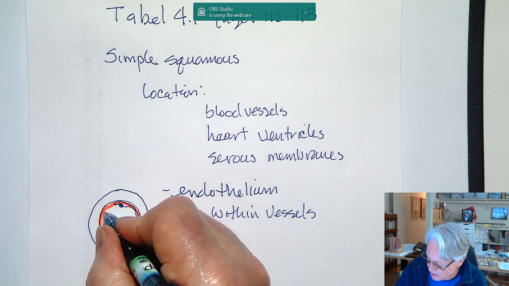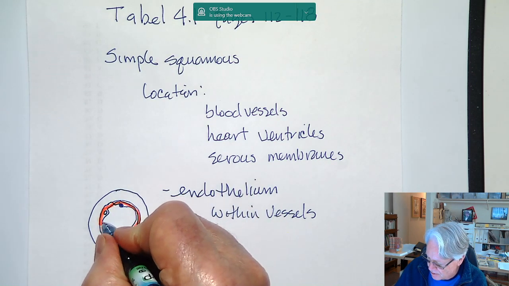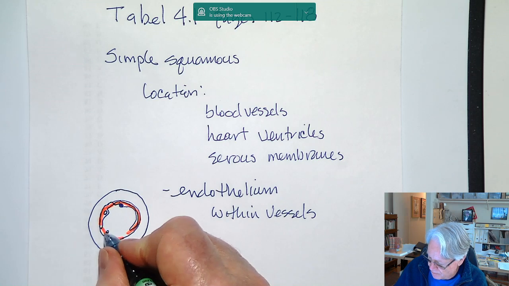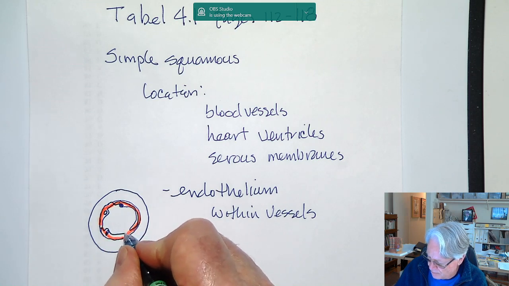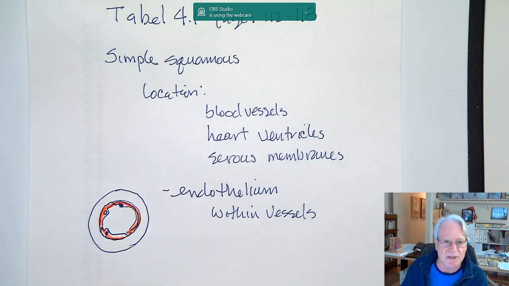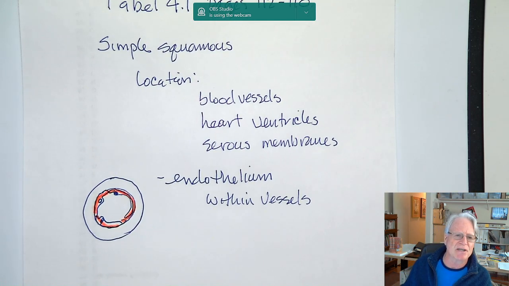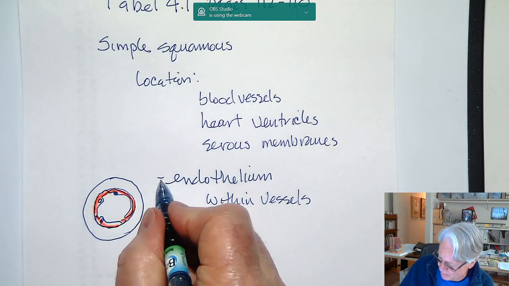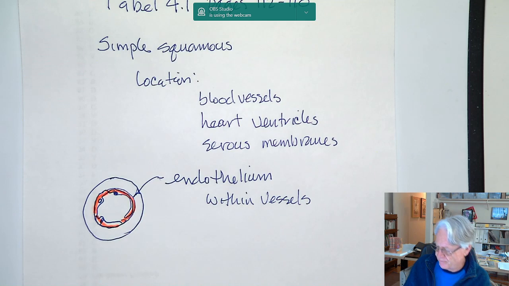You get something like this, this kind of arrangement. And that would be identified as endothelium. So inside a blood vessel.